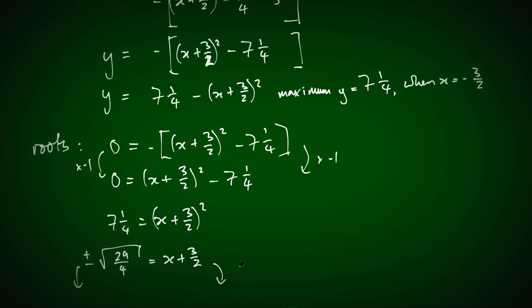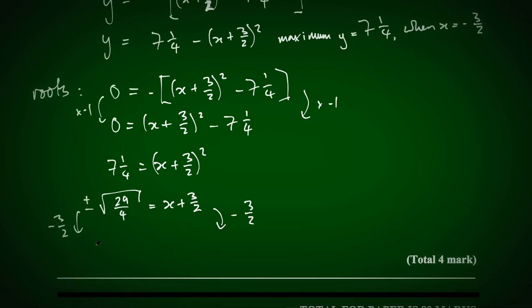To get x on its own now, I'm going to minus 3 over 2 from both sides, and that gives me minus 3 over 2 plus or minus root 29 over 4. I can't find the square root of 29 because it's a prime number, but I can do the square root of 4, and that's 2. So x equals minus 3 plus or minus root 29 over 2. Can put both of those together because they're both over 2.